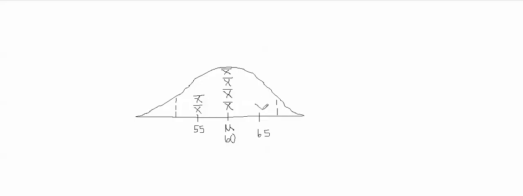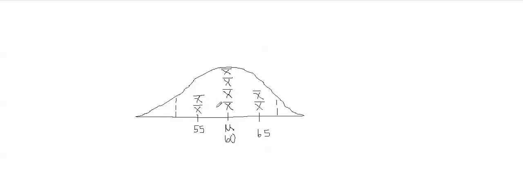Here's all of the possible samples that would give me a mean of 65. They're all stacked above each other too. So here's a group of 30 people with a mean of 65. Here's another group of 30 people with a mean of 65.